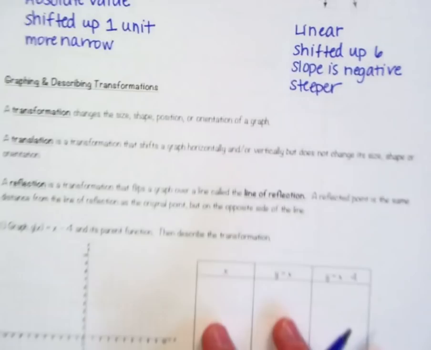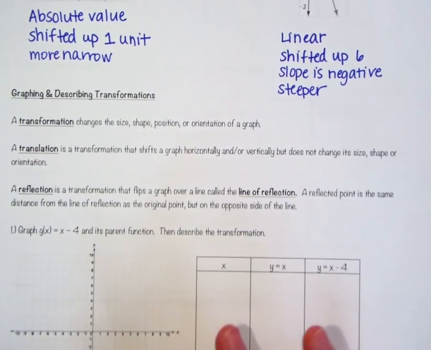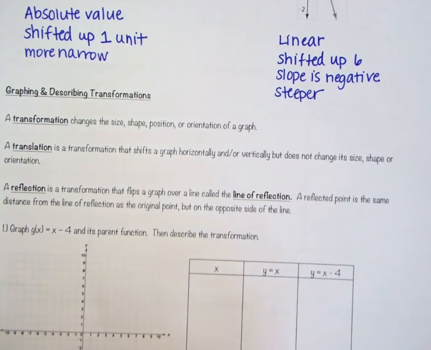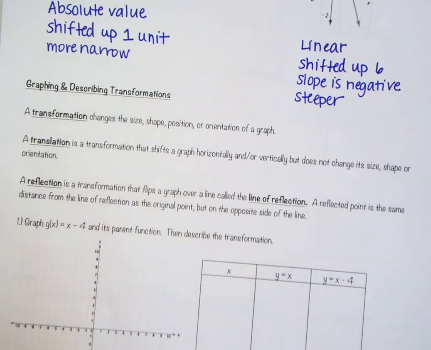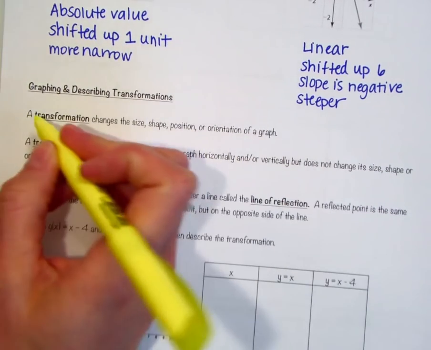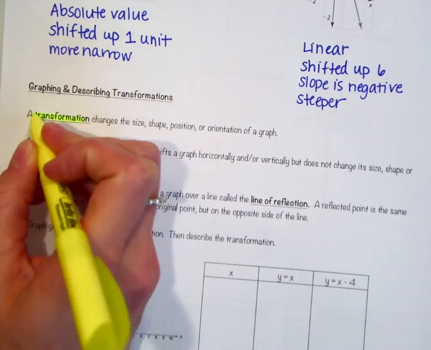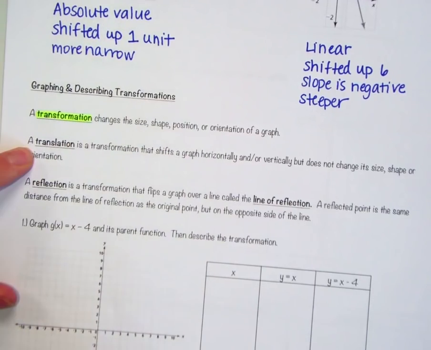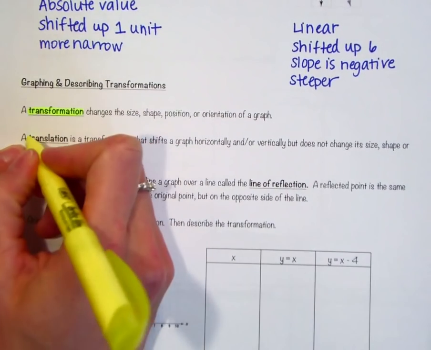So those are some of the transformations we are going to talk about. Shifting, reflecting, and then we'll talk about stretches and shrinks next class. Okay, so here's some of the key vocab. A transformation changes the size, shape, position, or orientation of the graph. A translation, so this is different.